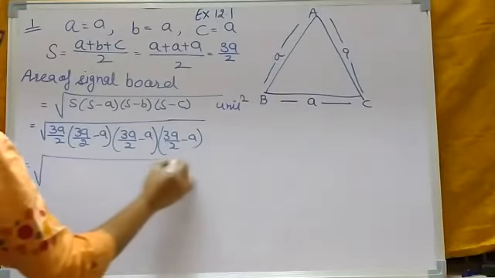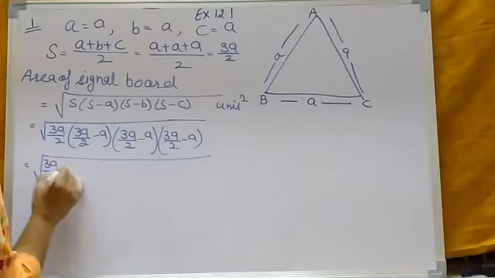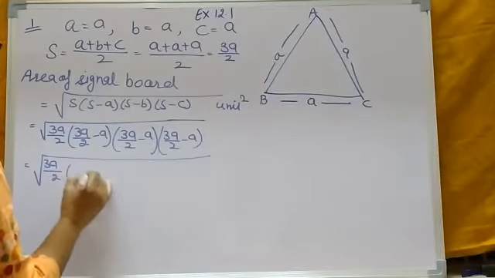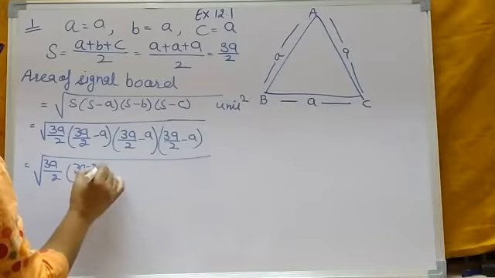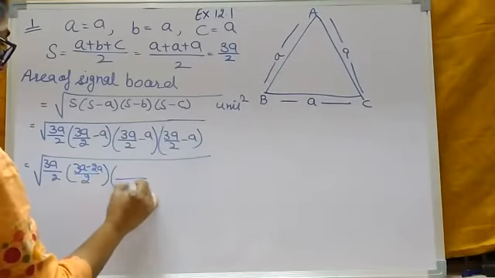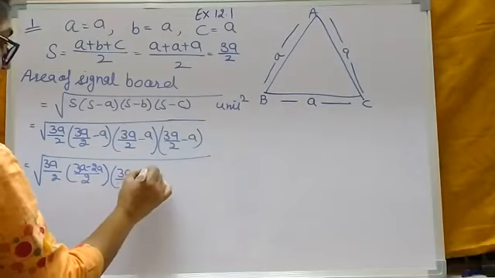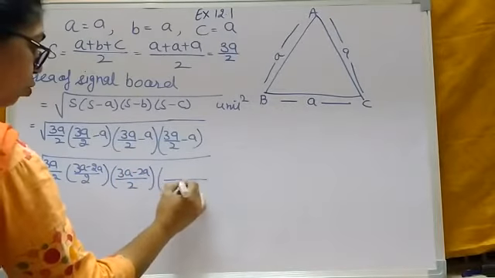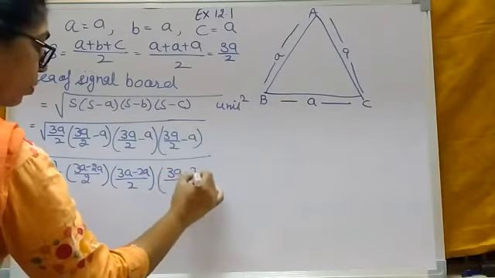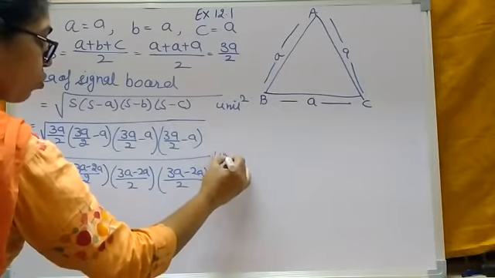We take the LCM: 3a upon 2, (3a minus 2a) upon 2, (3a minus 2a) upon 2, (3a minus 2a) upon 2, unit square.